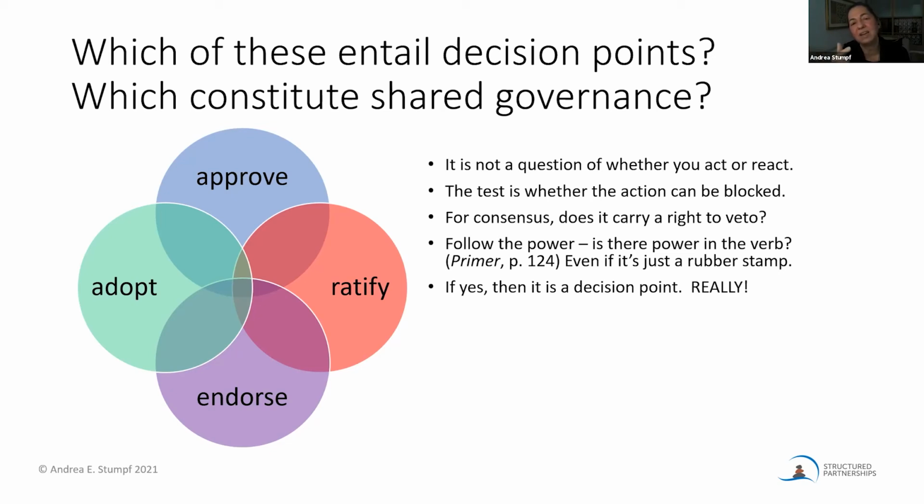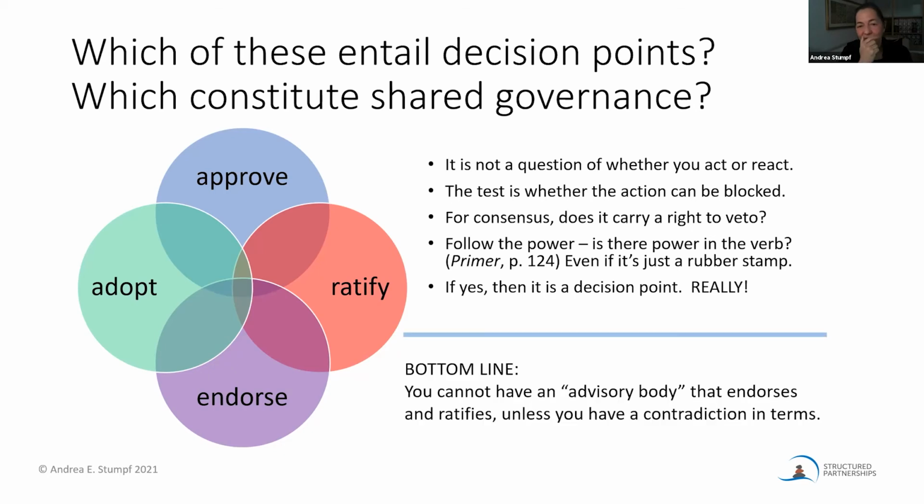So I would not say that parsing these words gets you anywhere. I know people like to do it, but I don't think it actually does from a consensus, functional point of view. And so to just put a point on it, you cannot have an advisory body that endorses or ratifies unless you have a contradiction in terms.